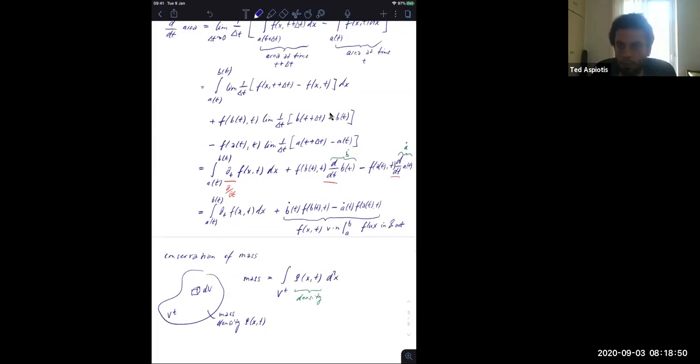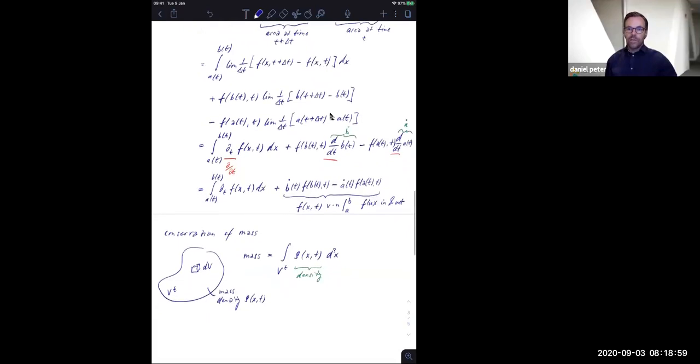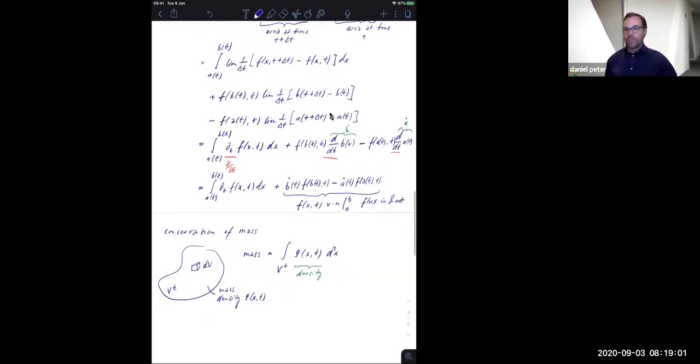It means that the quantity is not changing over time. So the rate of change of this total mass is 0. Yes. So let's put that down.